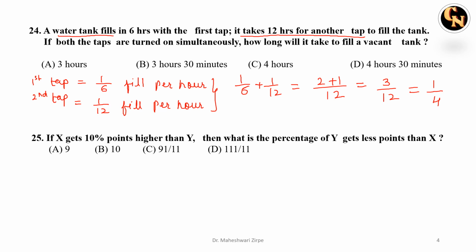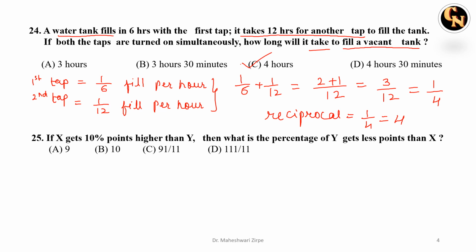And we know that 1/4 is per hour, so to fill the complete tank it will take 4 hours. Means to fill the vacant tank with both taps kept open, we can fill the whole tank within 4 hours. Okay, so 4 is the answer. We have to take the reciprocal of this. The reciprocal of 1/4 is 4.